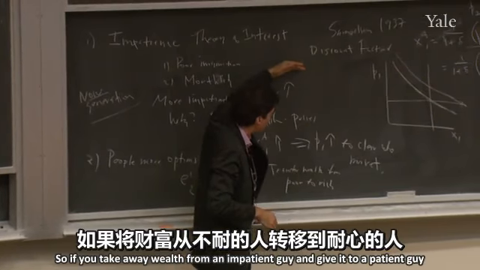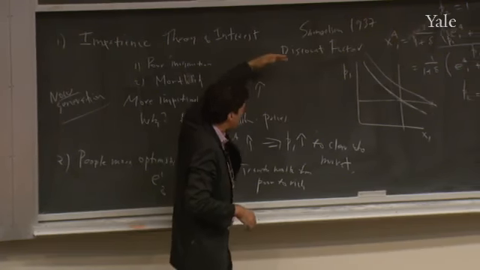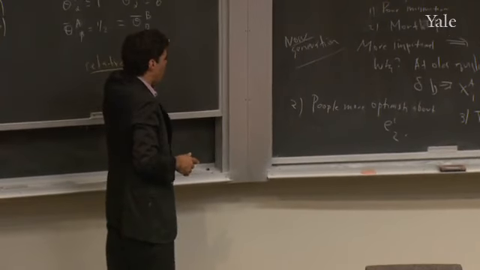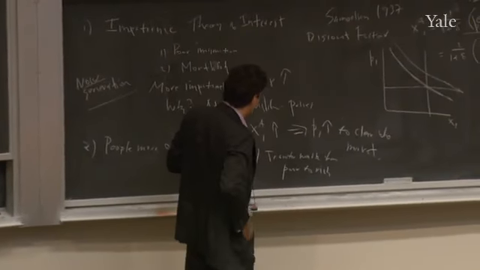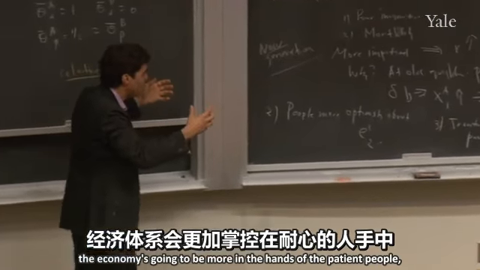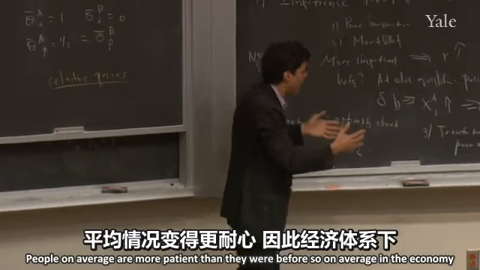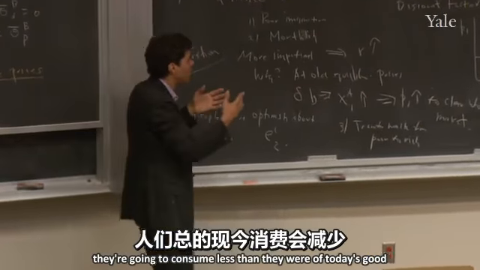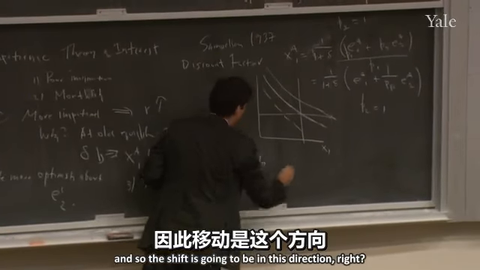So if you take away wealth from an impatient guy and give it to a patient guy, the economy is going to be more in the hands of the patient people, so the mix is going to change. People on average are more patient than they were before, so on average in the economy they're going to consume less of today's goods, and so the shift is going to be in this direction, right?